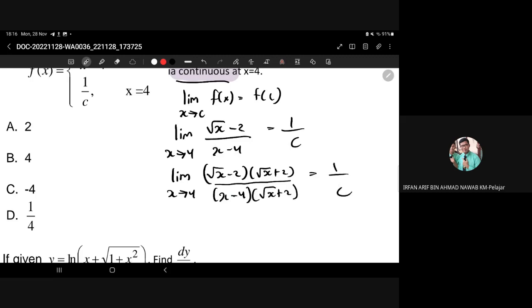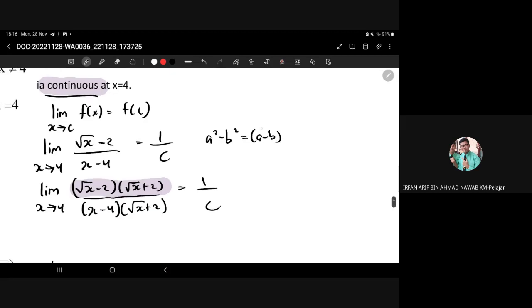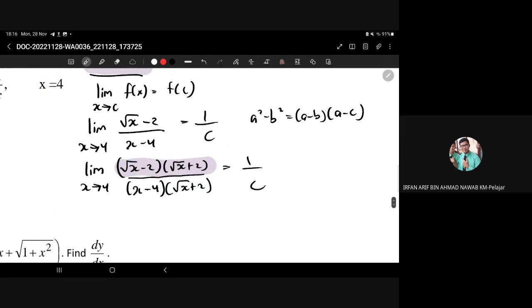Okay. So remember, the numerator here looks like a squared minus b squared, which is equal to a minus b times a plus b. Sorry.